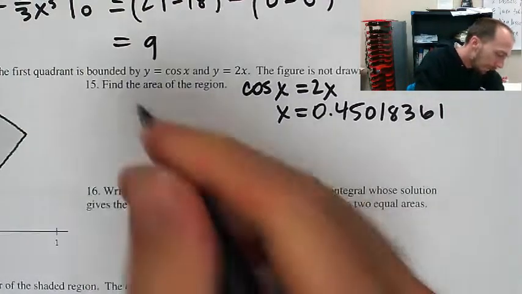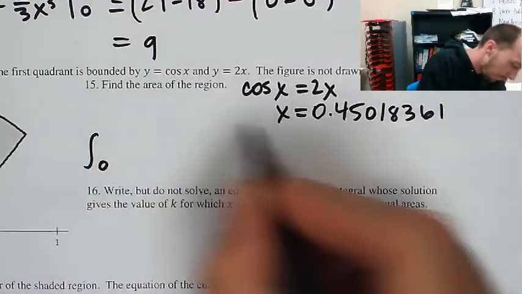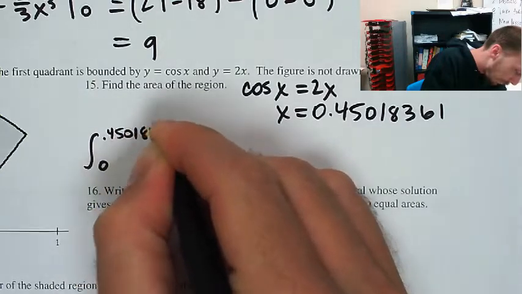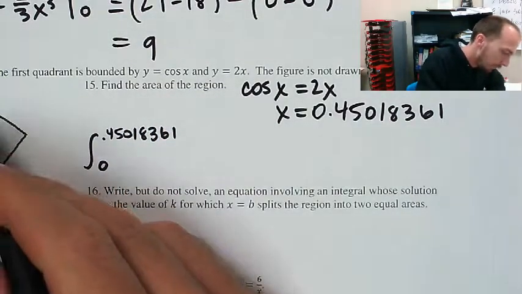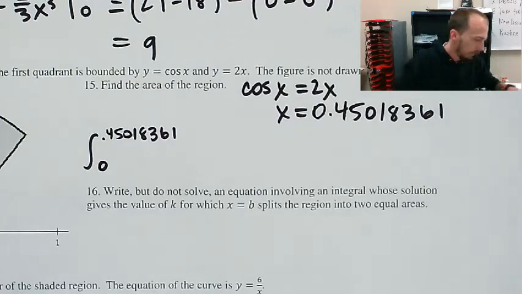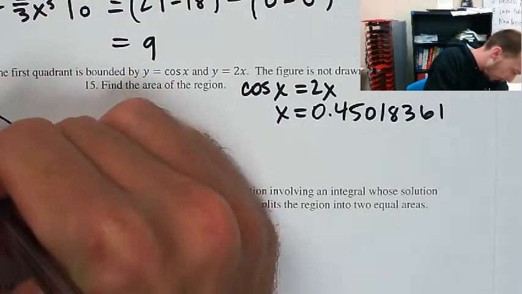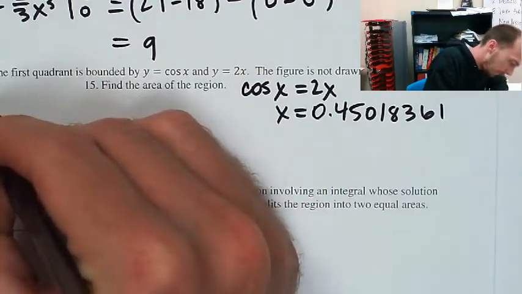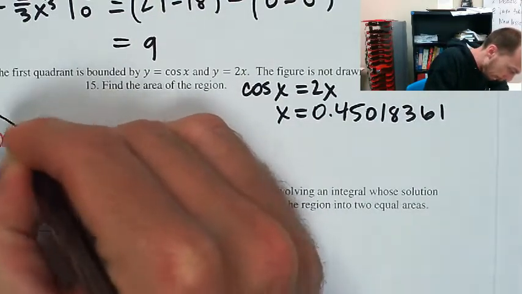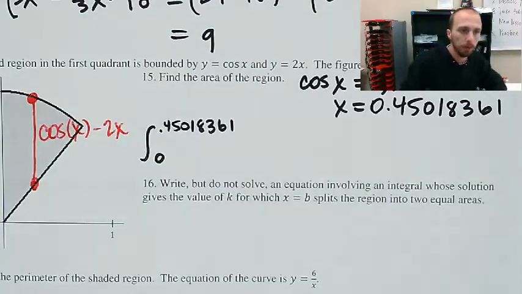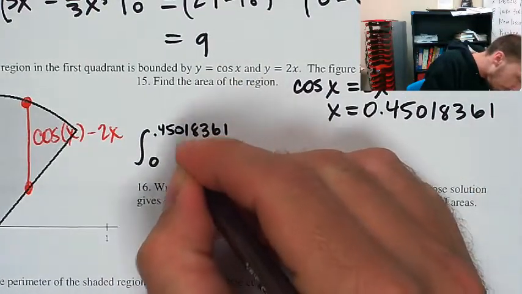So I'm going to integrate from x equals 0 up to x equals 0.4501831, top minus bottom. Well, in this case, top minus bottom is going to be y equals cosine x minus y equals 2x. And so that's what I'm going to integrate on. Couldn't even see my representative rectangle.